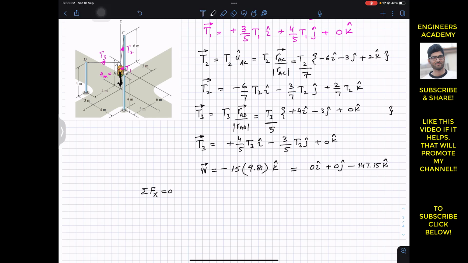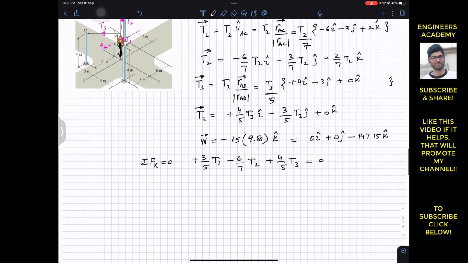So the i component of T1 is plus 3 divided by 5 T1. The i component of T2 is minus 6 divided by 7 T2, and the i component of T3 is plus 4 divided by 5 T3, and this must be equal to 0.